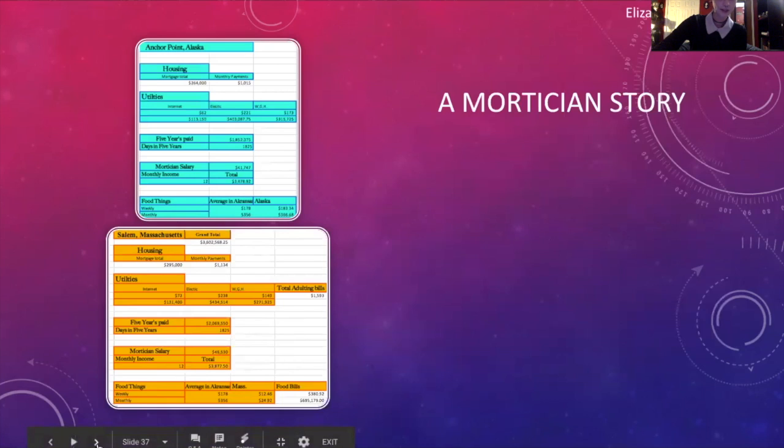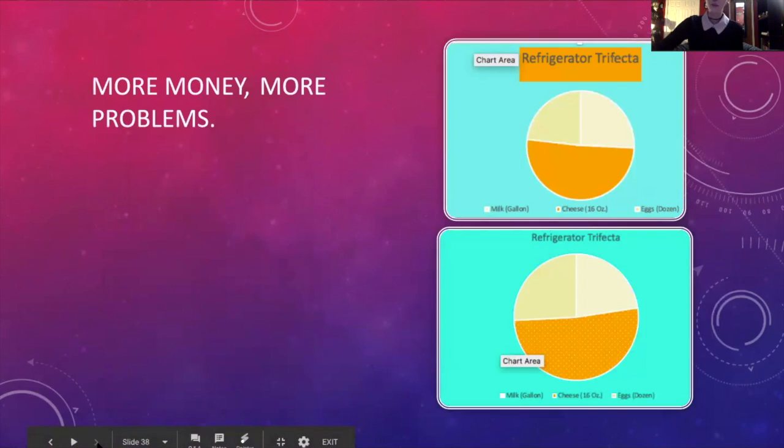But let's digress. The more money you have, the more problems you got. As you can see right here, I did a breakdown of everybody eats eggs, everybody eats cheese, everybody has milk in their fridge, mostly.